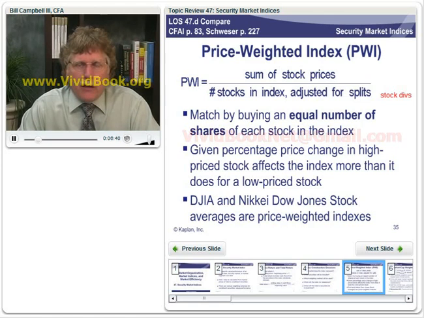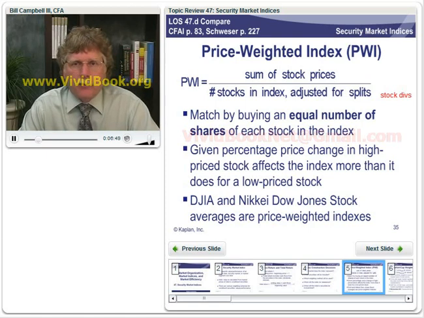Because a 1% price change in a high price stock will be a much bigger dollar value than a 1% price change in a low price stock, the performance of a price-weighted index tends to be biased toward the performance of the high-price stock.